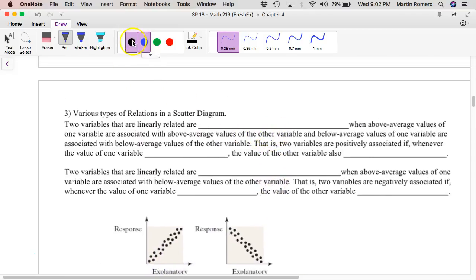Specifically for this class, what we care about is when two variables are linearly related, we would say they are positively correlated. That's a term we're going to use: correlated, or if we look in our books, they also use the word associated. You might say associated.